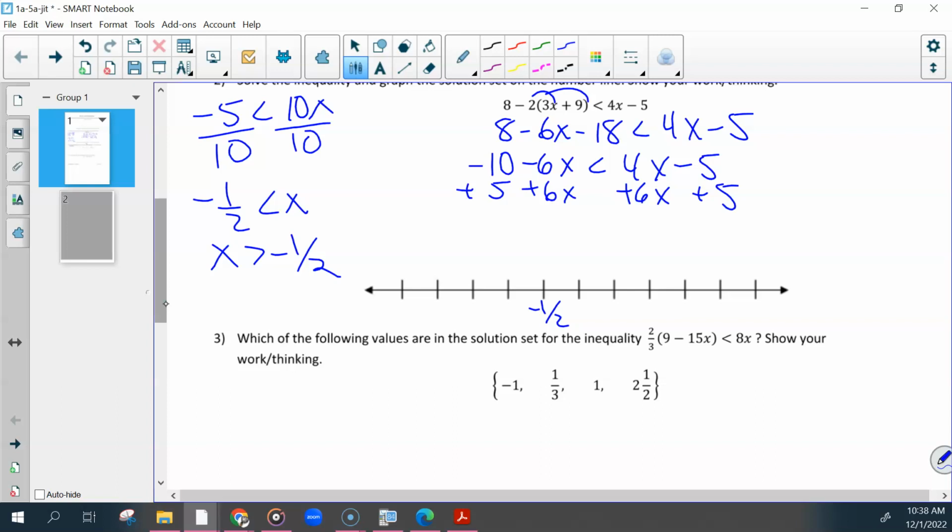So I can say this is 0, 1, 2, 3, and so on and so forth, and then negative 1, negative 2. You could have just counted by ones and then put negative 1/2 in between. Either or, it does not matter. So this would be an open circle going to the right. Questions on that one?